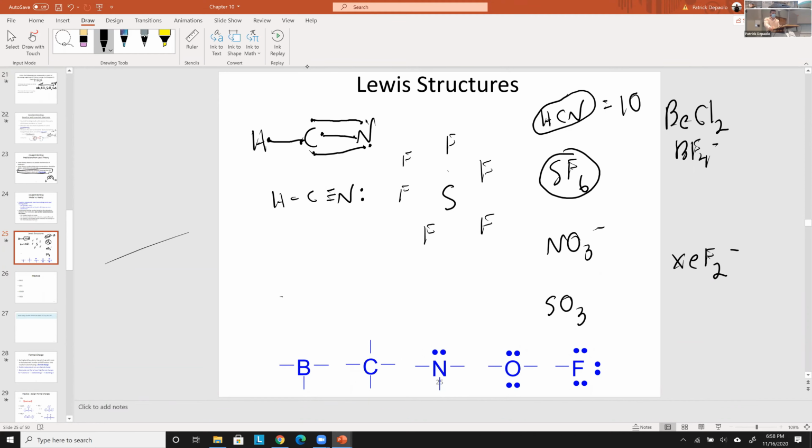So there's 6. Now, valence electrons. How many valence electrons with SF6? Sulfur has how many? Same amount as oxygen.